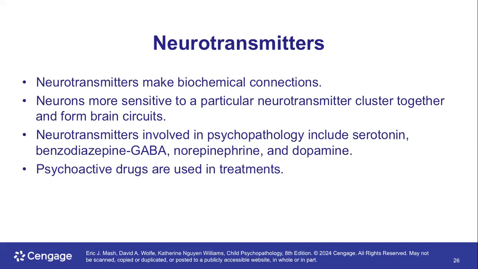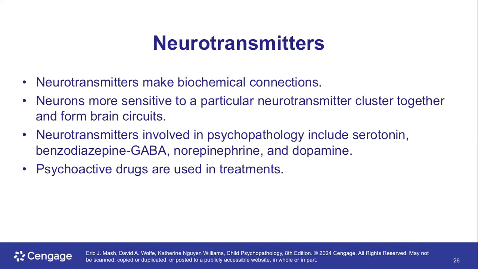Now, your book focuses on 4 in particular, but I want you to know acetylcholine is a neurotransmitter that's responsible for learning and memory and is linked to Alzheimer's. And glutamate is linked to seizure-based conditions and so forth. But the 4 we're going to talk about are serotonin, norepinephrine, dopamine, and GABA.